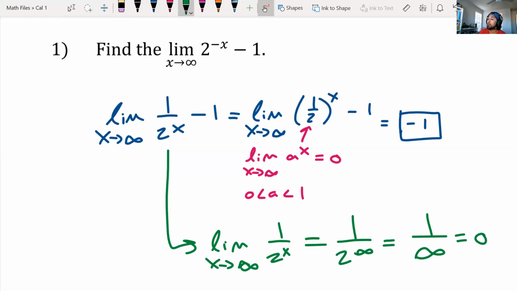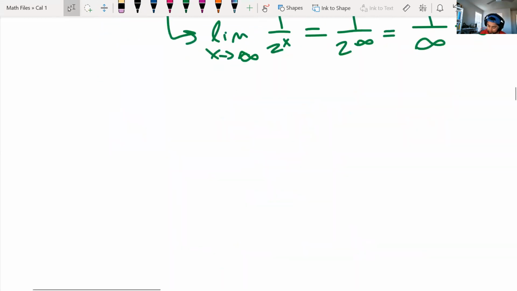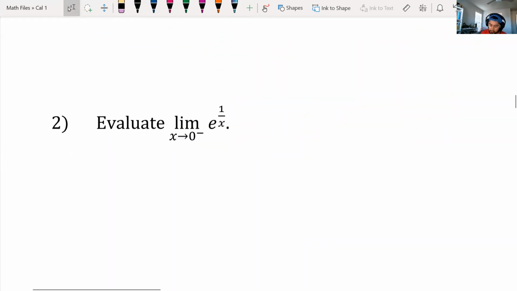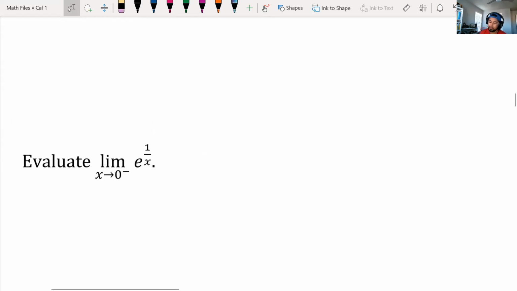Any questions on that one? All right. 2, evaluate the limit as x approaches 0 from the left of e to the 1 over x. For these type of limits where an exponential base is being raised to another function, such as 1 over x, it's a lot easier to think of the graphs.